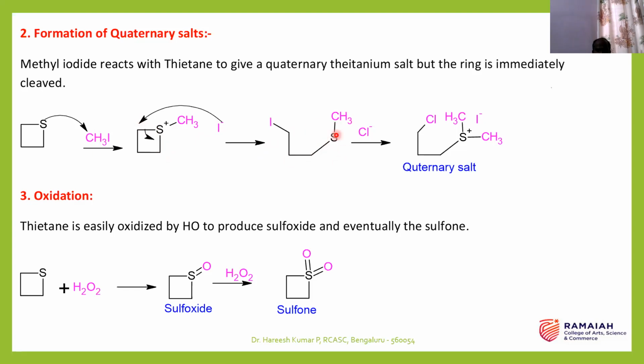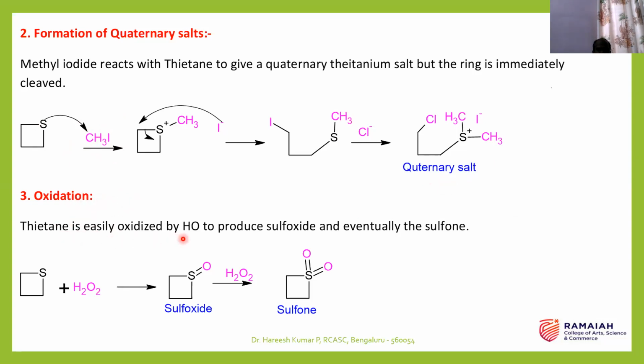An open structure is obtained; the ring strain is relieved. At a later stage, one more equivalent of methyl halide reacts with this, forming a quaternary salt. Overall, thietane on reaction with excess methyl halide, alkyl halide or aryl halide gives rise to a quaternary salt.